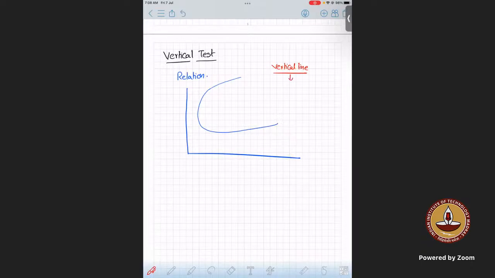Make note of it. Draw a line parallel to the y-axis. Look, it is touching at 2 points. So this relation fails the vertical test.